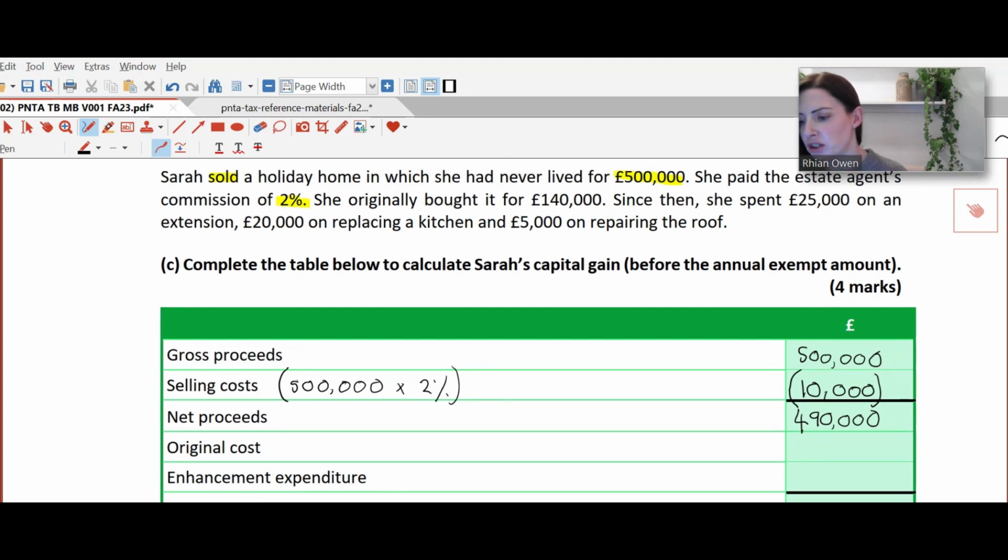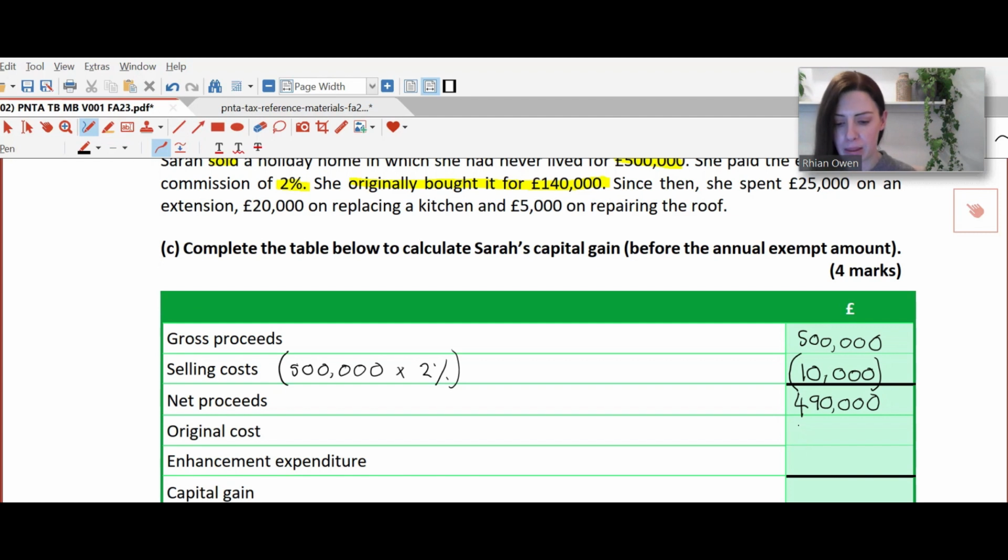Then we've got the original cost. So the original cost was £140,000. Then enhancement expenditure. We're told in the task that she spent £25,000 on an extension, then £20,000 on replacing the kitchen, and £5,000 on repairing the roof.